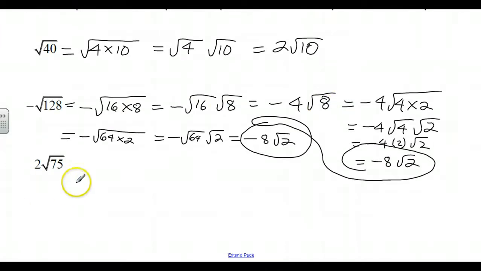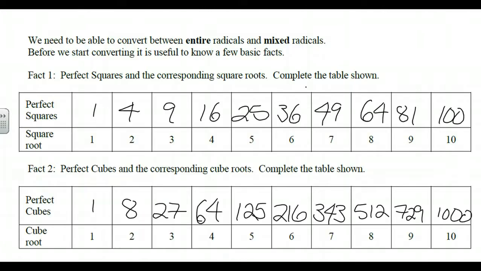Speaking of keep going, let's do 2 root 75. So the 2 is just going to hang around out front. 75 is 25, that's the perfect square, times 3. I mean, 75 is 5 times 15, but neither of those are perfect squares. So remember, you're looking for a perfect square, right? One of these: 1, 4, 9, 16, 25, 36, 49, 64, 81, or 100.